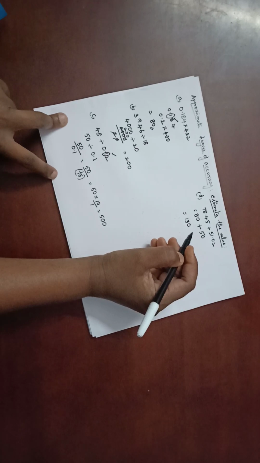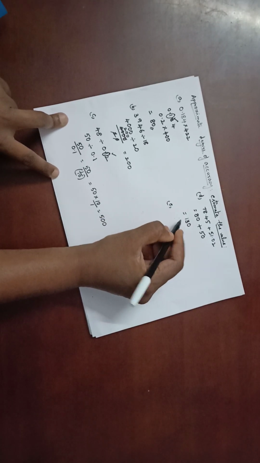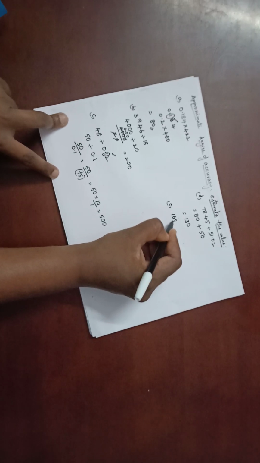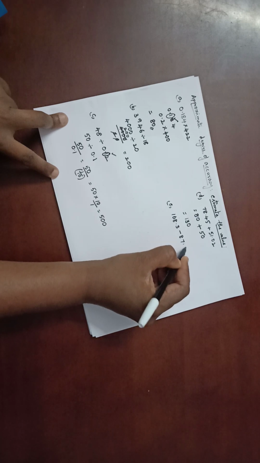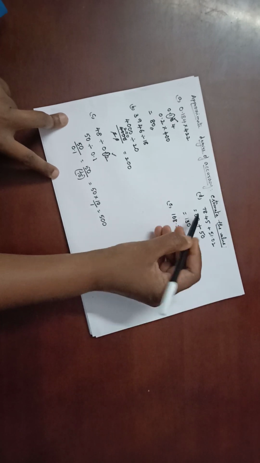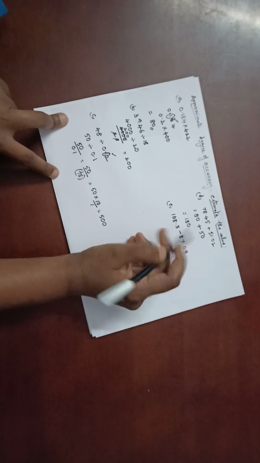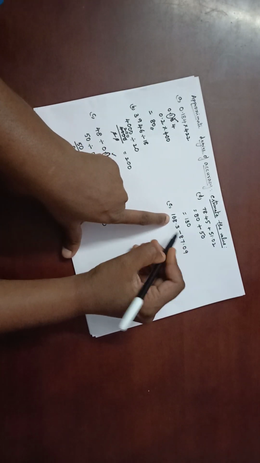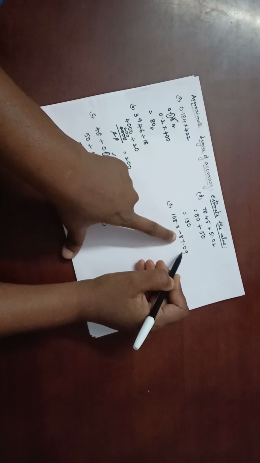Okay, one more bit I'll explain. 168.3 minus 87.09. Here also the same technique we used in the above problem. It has an integer part and a decimal part.